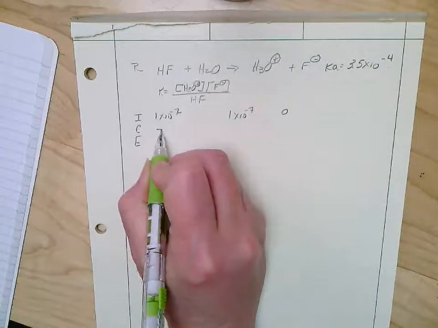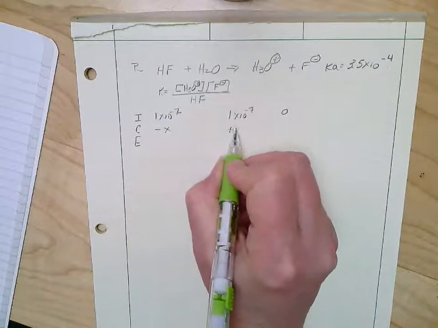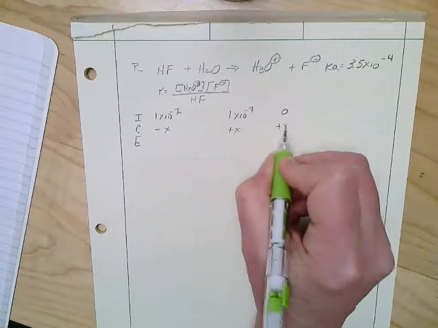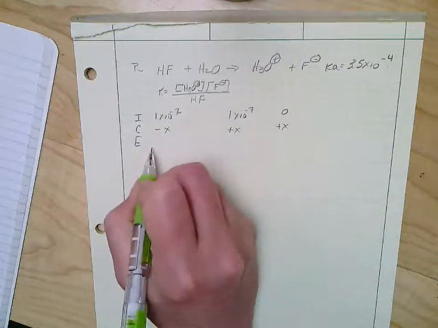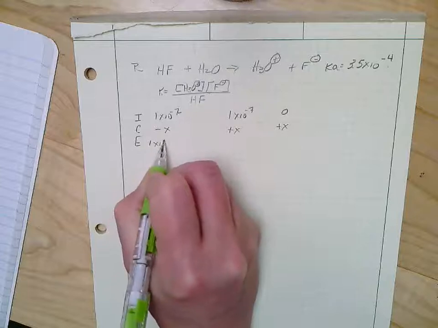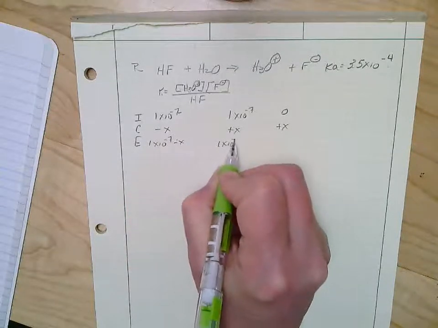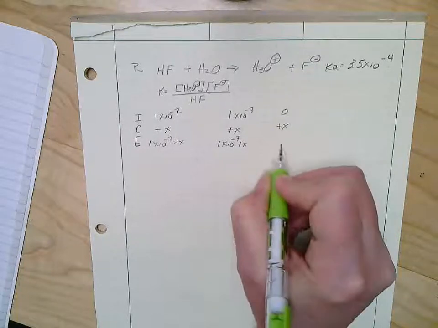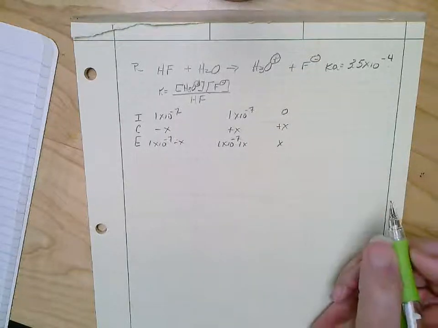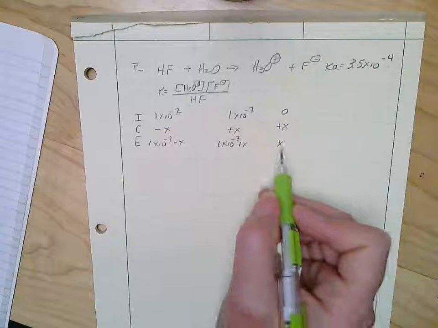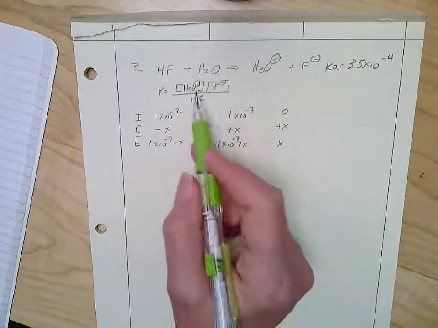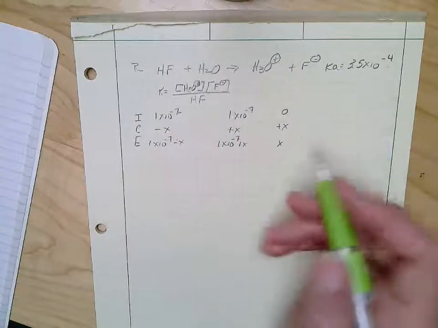So I'm going to lose X here, I'm going to gain X here, and I'm going to gain X here. So this is going to be 1 times 10 to the negative 7th minus X, 1 times 10 to the negative 7th plus X, and X. So now you're going to put these three values in here, and it's going to equal this.